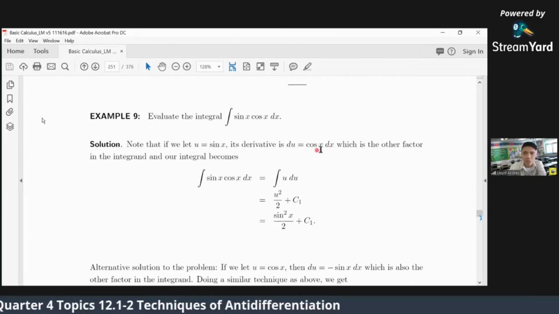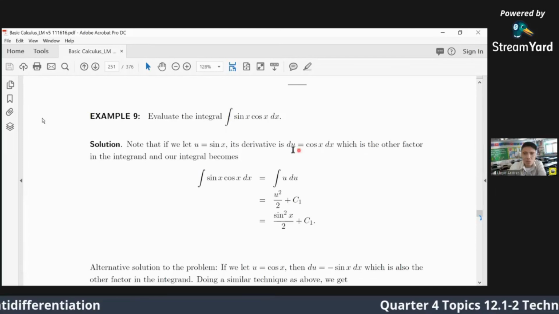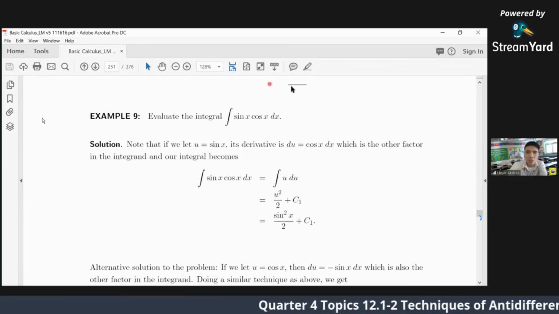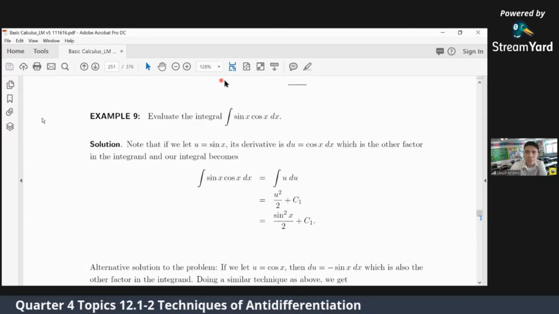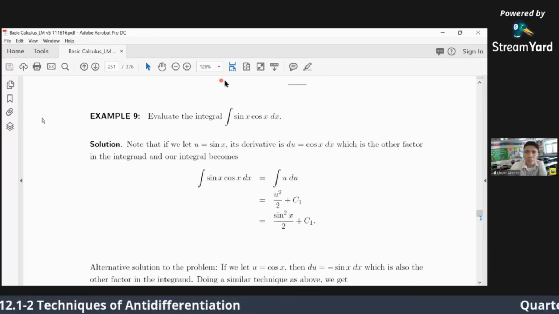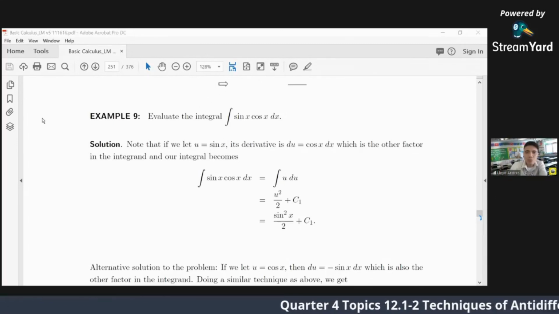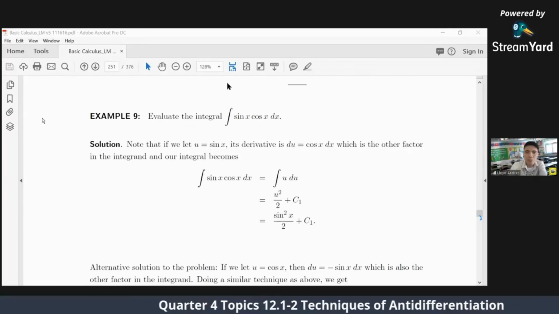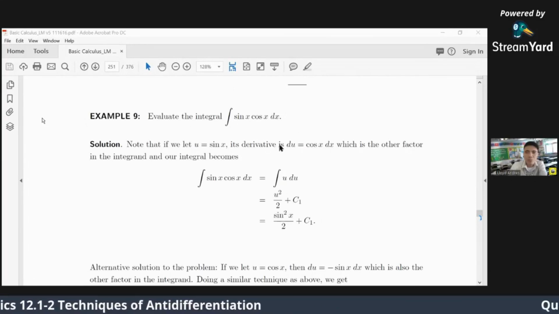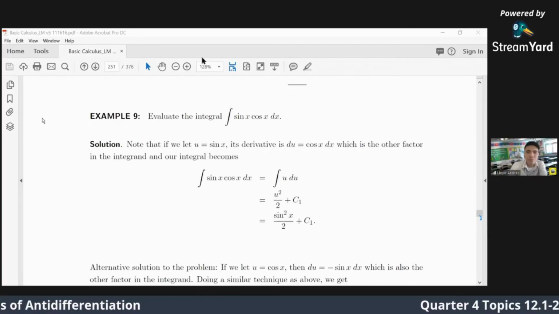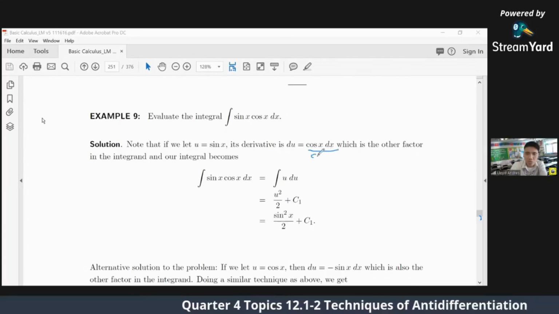Tapos, para ma-isolate si dx, divide both sides ta diri og cosine x.